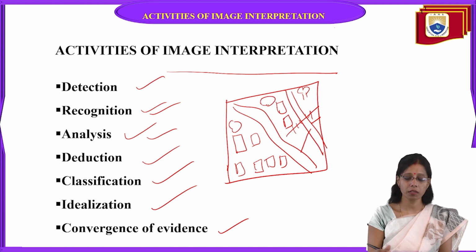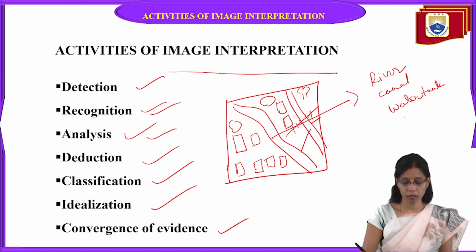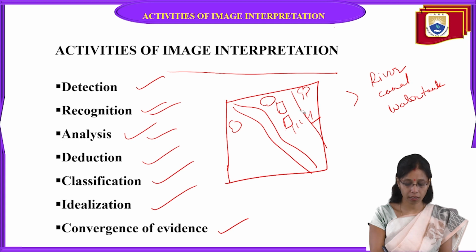Water body consists of river, then canal, and then we have a water tank. So here we have a river. What we will do is identify only these features and remove the rest. This is called deduction: we are deducting the rest of the features which are not required in the image.